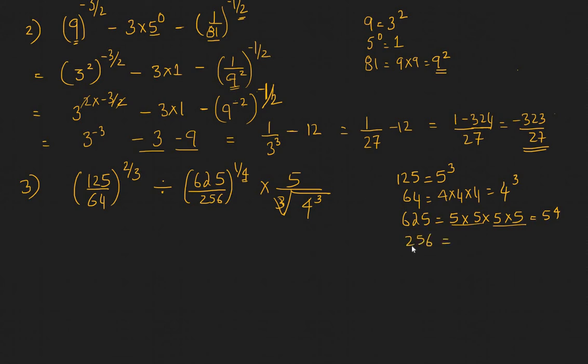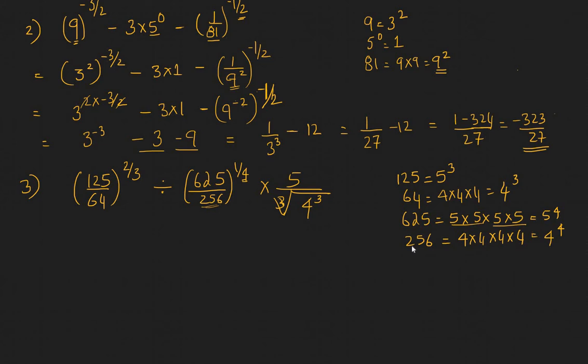256 is, I think, 16 squared, so it'll be 4 into 4 into 4 into 4. Now a big part of being good in exponents is to immediately be able to recognize, by looking at a number, what it means. So by looking at 256, you need to know that it is 16 into 16, so that's 4 into 4 into 4 into 4.